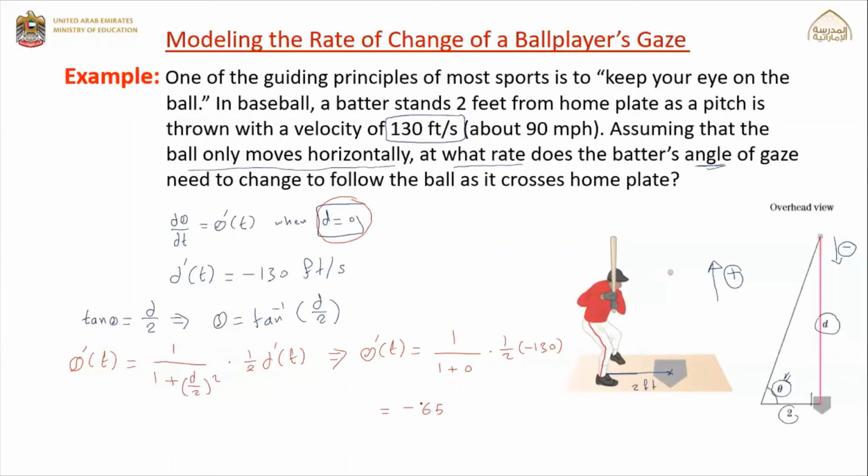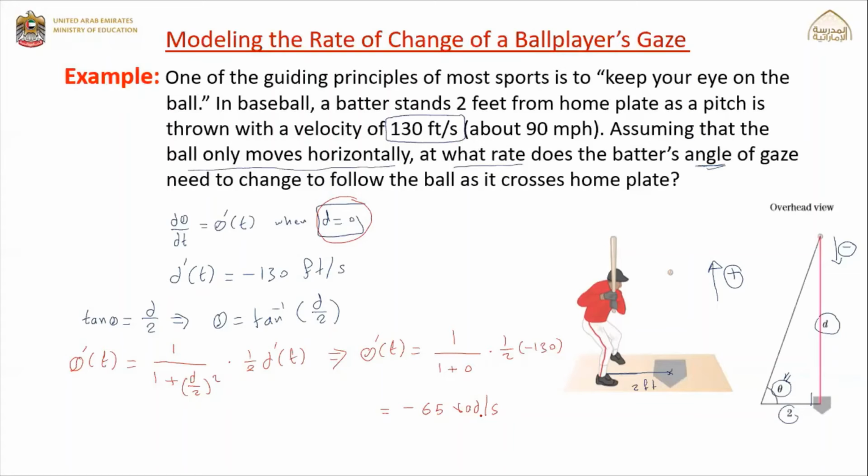What about the unit here? Because I talk about theta, the derivative of theta, this will be radian per second. It's radian per second, while d is in foot per second. So the derivative of theta, theta prime of t, is in radian per second.